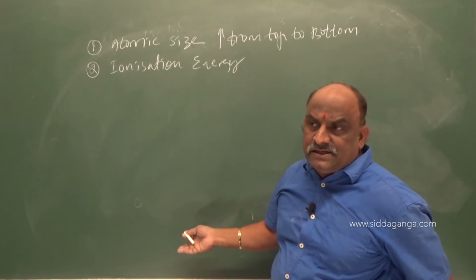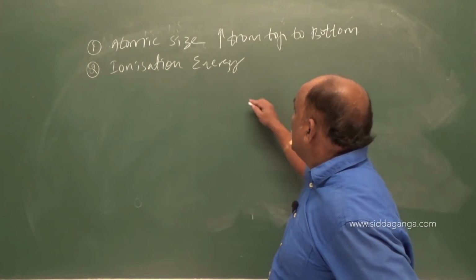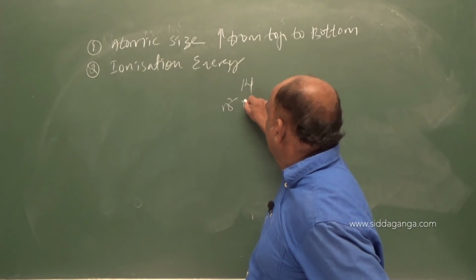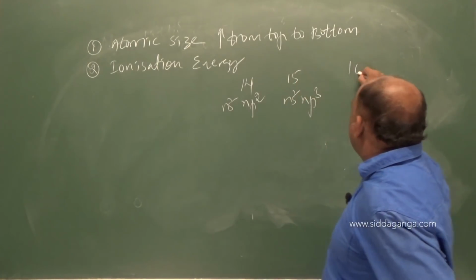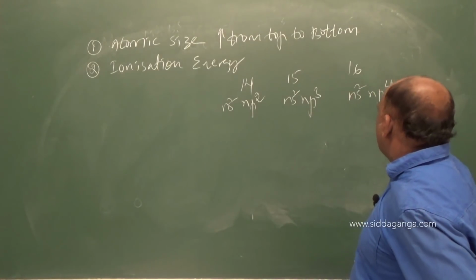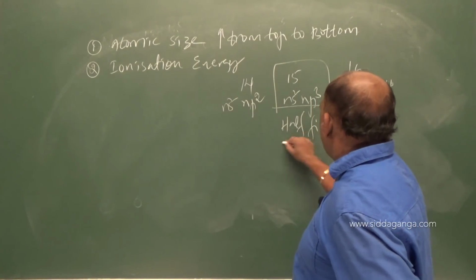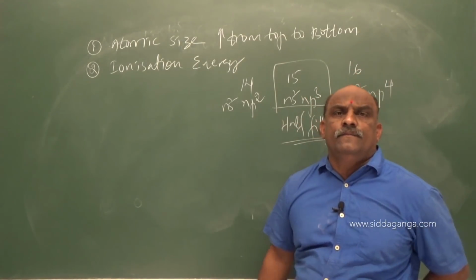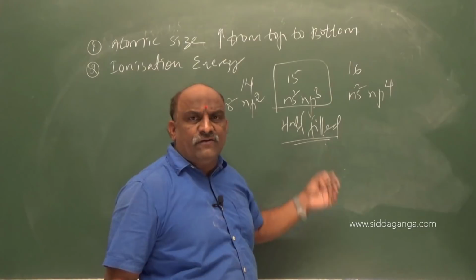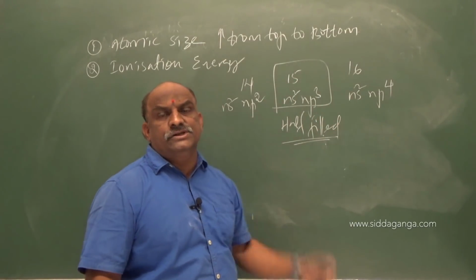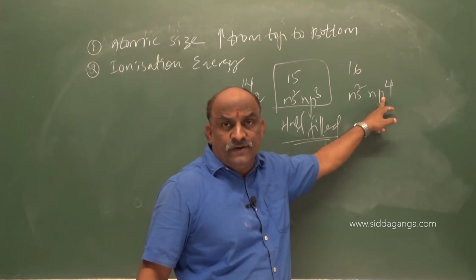But in comparison to the 14th group, whose configuration is ns2np2, and the 15th group, whose configuration is ns2np3, while the 16th group configuration is ns2np4, this is a half-filled electronic configuration of nitrogen. It is a stable electronic configuration, so we require more energy to remove an electron from the outermost shell. The others are partially filled configurations.